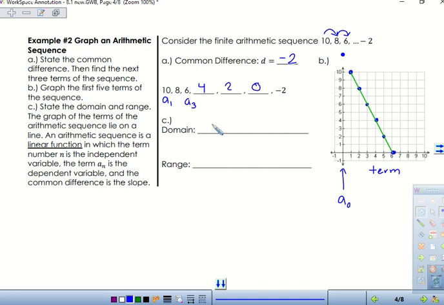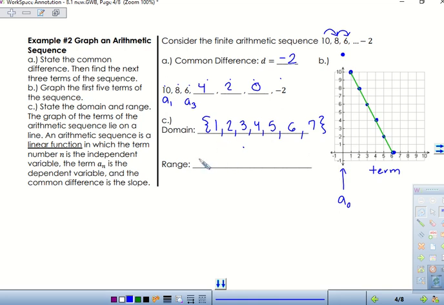So our domain is going to encompass all the terms that we're referring to, okay? So we have the first term included, we have the second term, third, fourth, fifth, sixth. So we have 1, 2, 3, 4, 5, 6, 7. So we're talking about 7 terms. First, second, third, fourth, fifth, sixth, and 7.